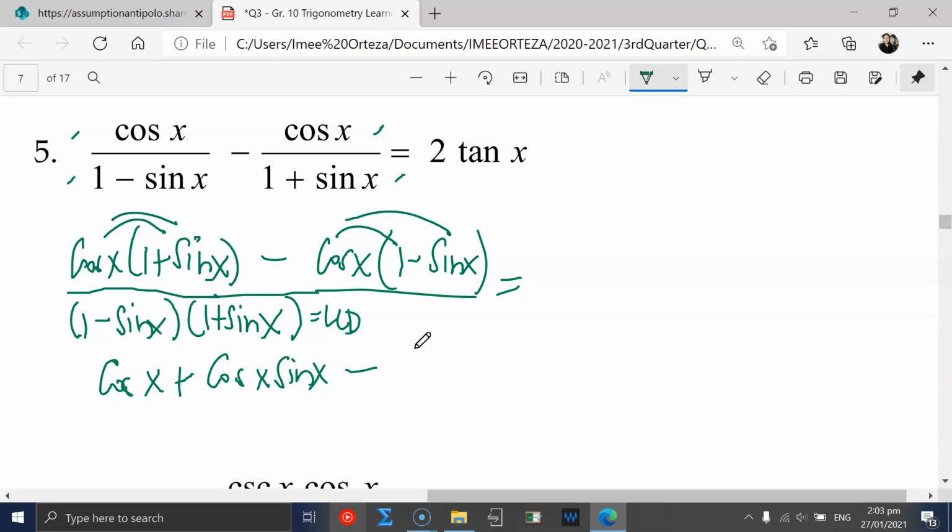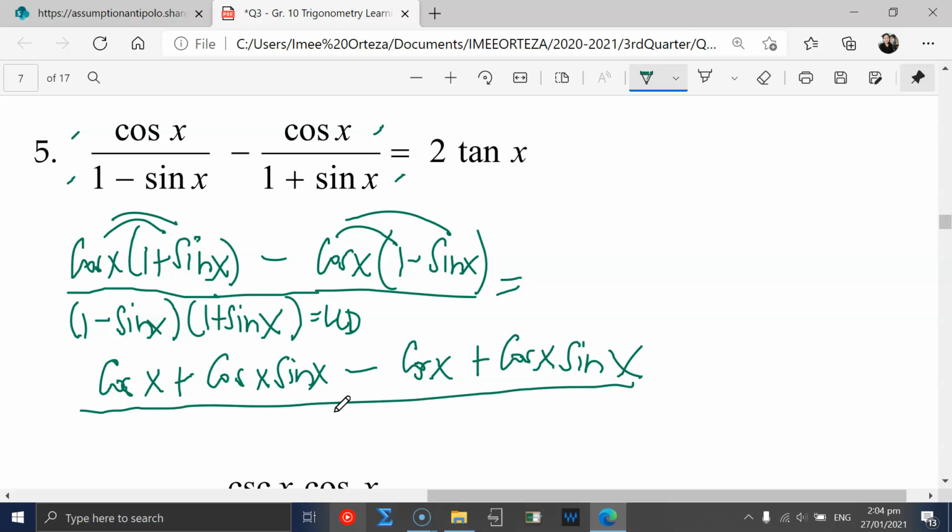Then the next will be cosine x plus cosine x times sine x, all over the product of 1 minus sine x and 1 plus sine x, which is 1 minus sine squared x. The product of sum and difference is equal to the difference of two squares from algebra.